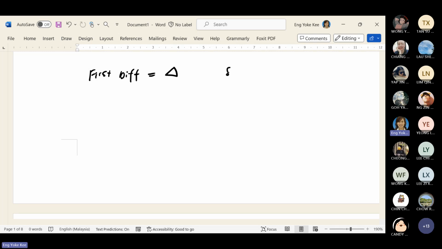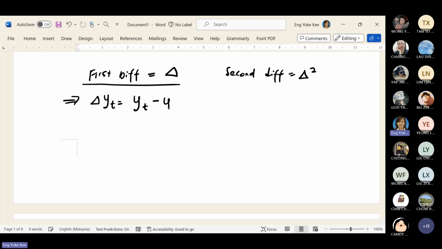We can also have second difference, third, fourth, fifth differences, so differencing. The first difference is very simple. Let's say we have variable y. First difference here means this period minus the previous period. This is what we call first differencing.